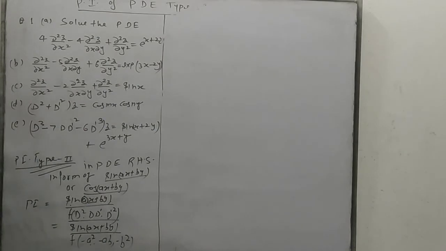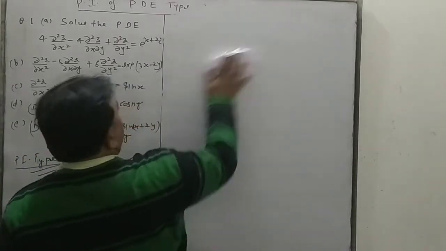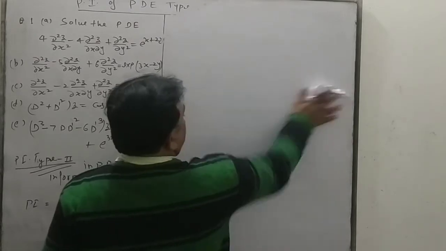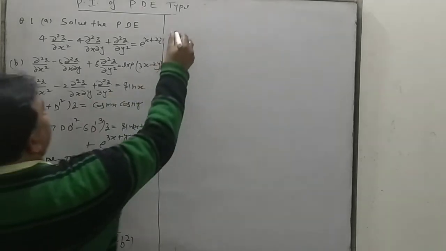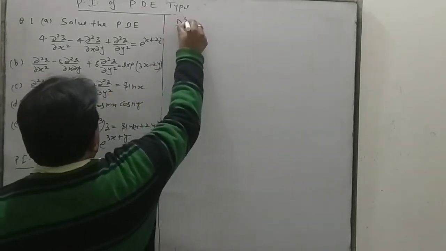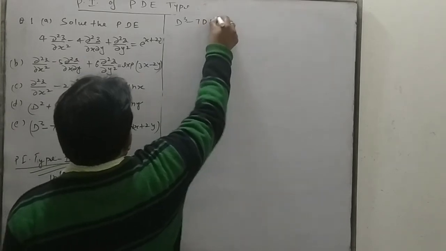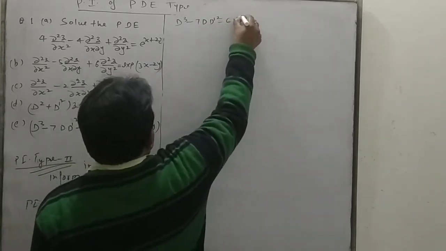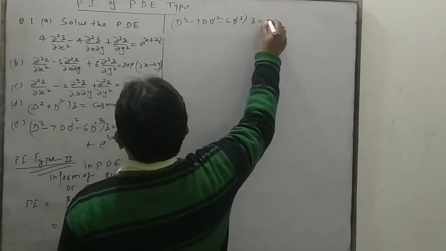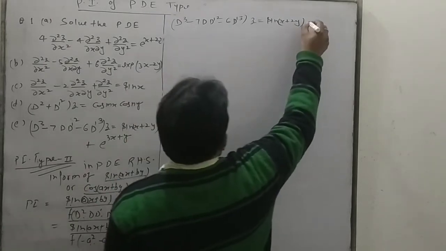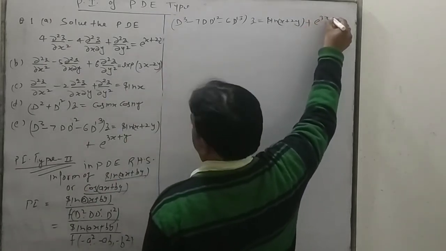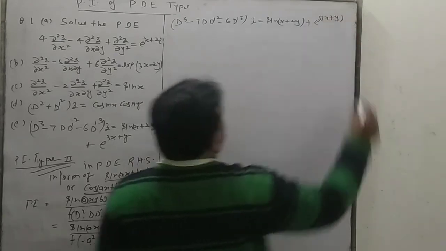We will discuss the next question. (D cube minus 7D D dash square minus 6D dash cube) z equal to sin(x plus 2y) plus e to the power 3x plus y.